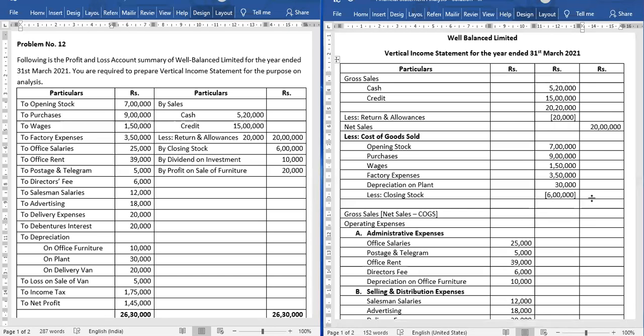Total of cost of goods sold is equal to 15 lakh 30,000. Okay. Then next is gross profit. Gross profit is equal to net sales 20 lakh minus 15 lakh 30,000. Then gross profit is equal to 4 lakh 70,000.